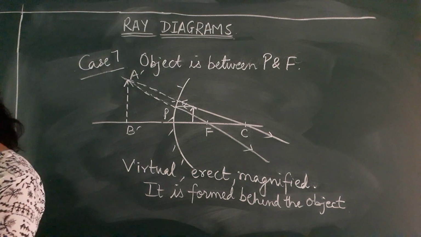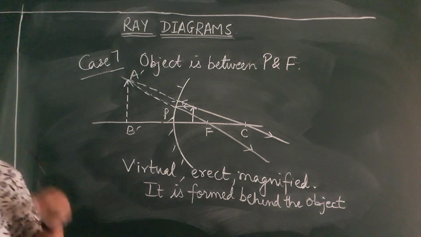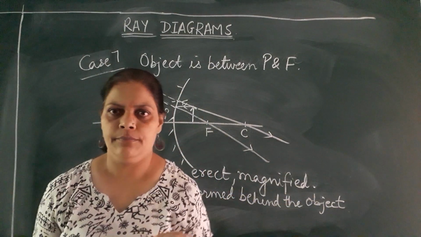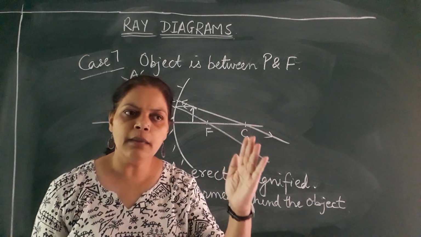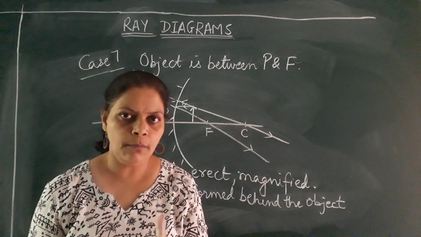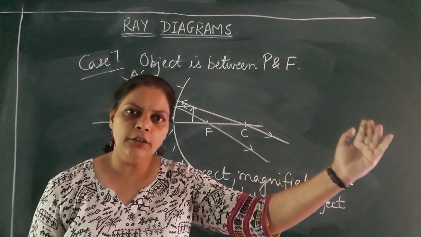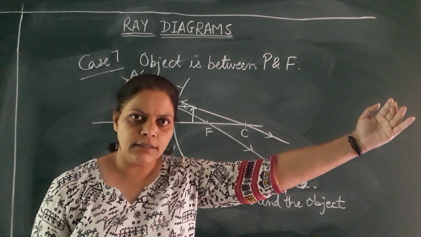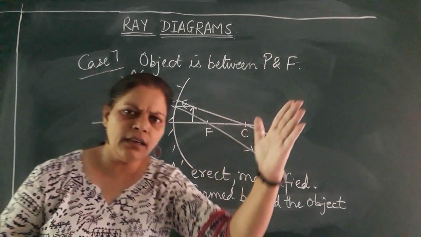Now if I ask you a question, children, when you compare all the cases for concave, you will notice a particular pattern. Starting from case 1 to case 7, the object is very far away in the first case, and in case 7 it is very close.